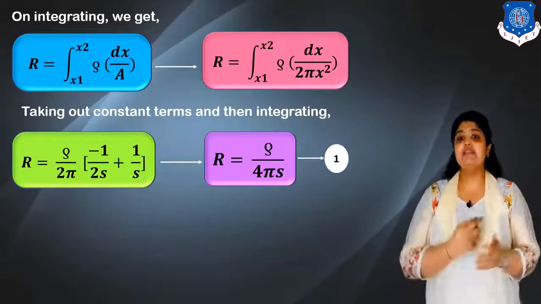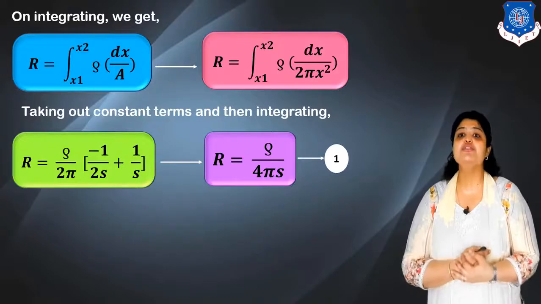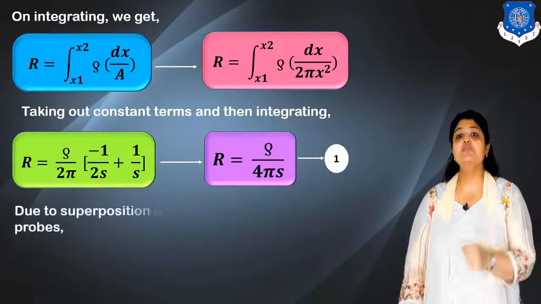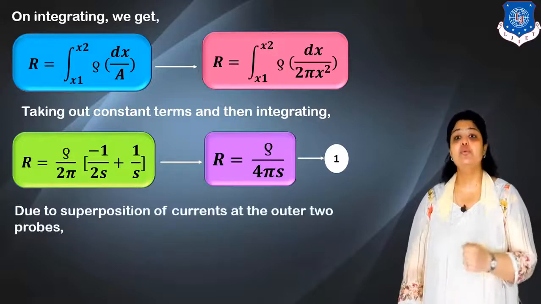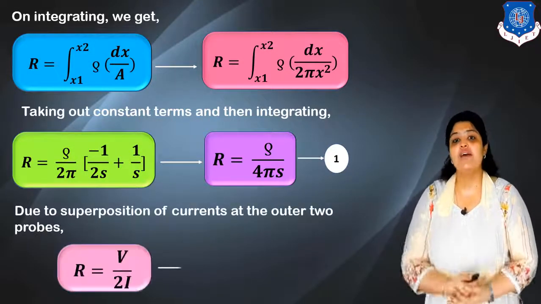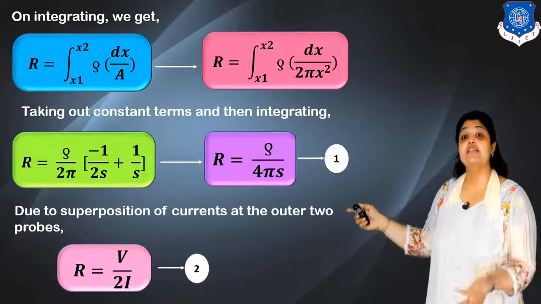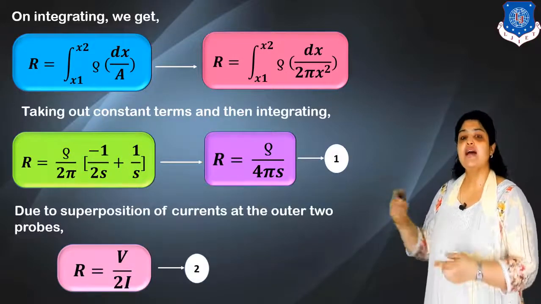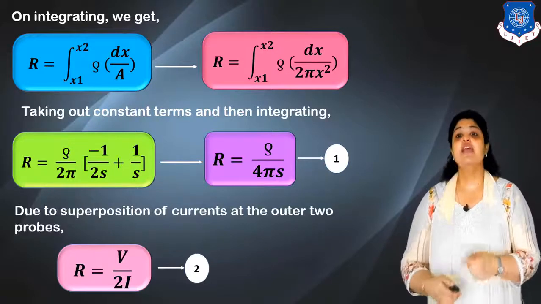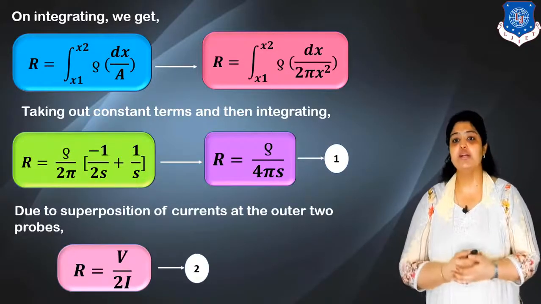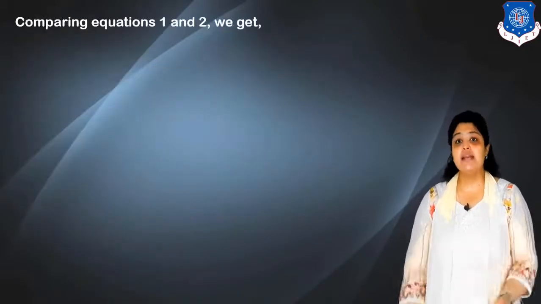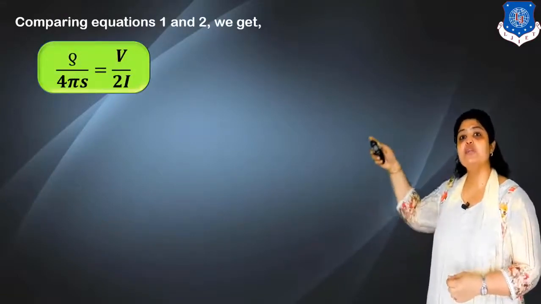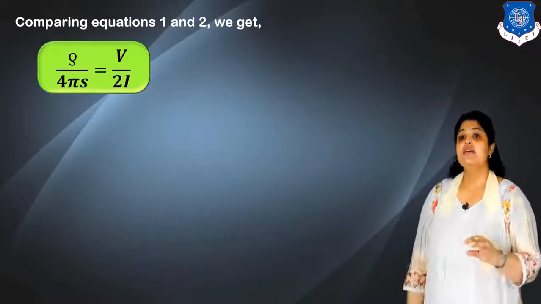Now in the previous diagram, we had seen superposition of currents, that is adding up of electric fields. So due to the superposition of currents at the outer two probes, we get the value of R as V upon 2I because the electric fields of the current add up. We call this equation number 2. Now we compare these two equations and we get rho upon 4 pi s is equal to V upon 2I.